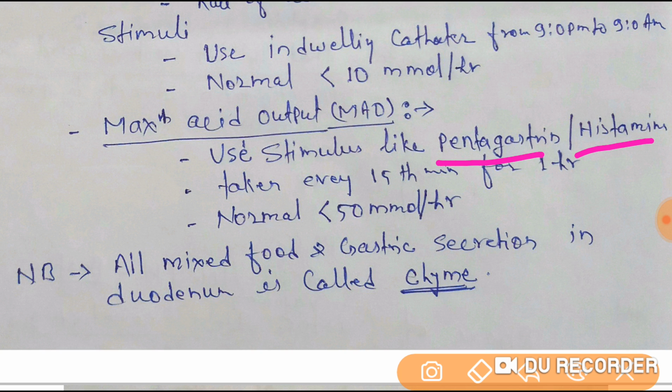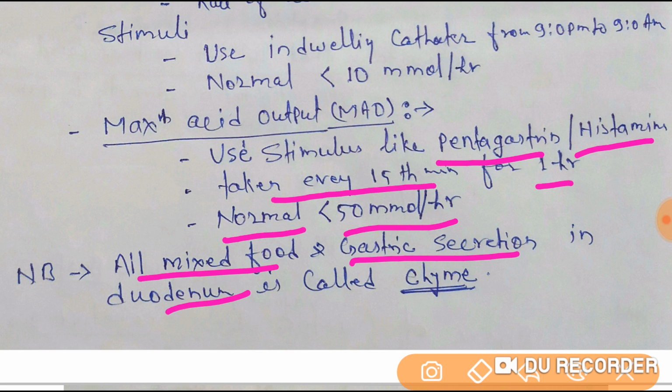When stimulation is started, samples are taken every 15 minutes for 1 hour, that means 4 times, and normally it is less than 50 millimole per hour when maximum stimulation takes place by pentagastrin or histamine. All the mixed food and gastric secretion in the duodenum is called chyme.